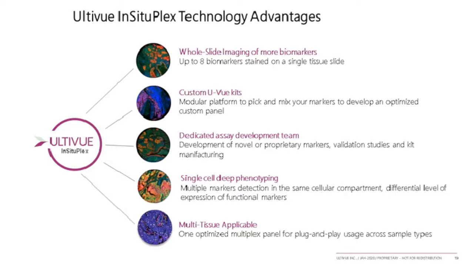And we also have a dedicated assay development team that can develop novel or proprietary biomarkers that are not yet in our menu, and that based on the capability of looking at the expression of different markers on the same cell, we can do single cell deep phenotyping, and we can do this across multiple tissue types. And with this, I'd like to hand it over to Lorcan for the image analysis section.